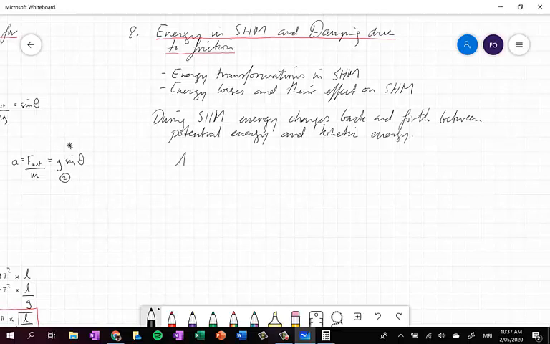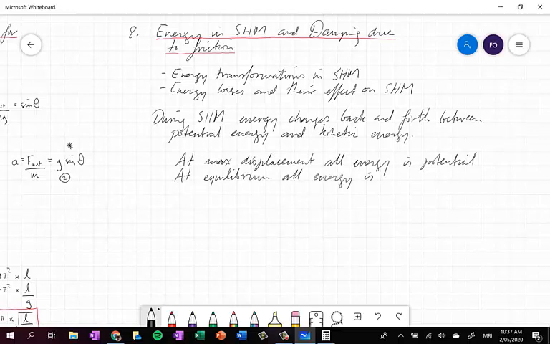We can say at max displacement, all energy is potential, and at equilibrium all energy is kinetic.